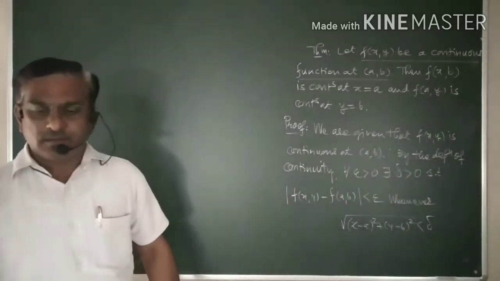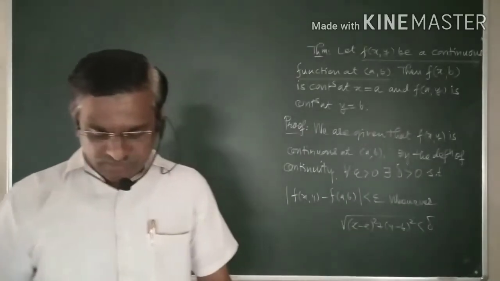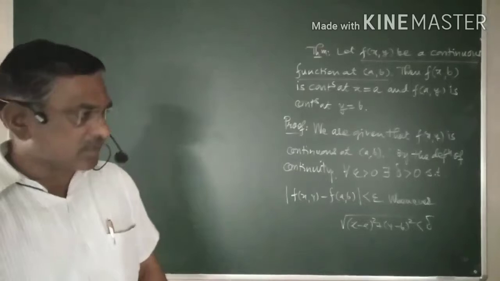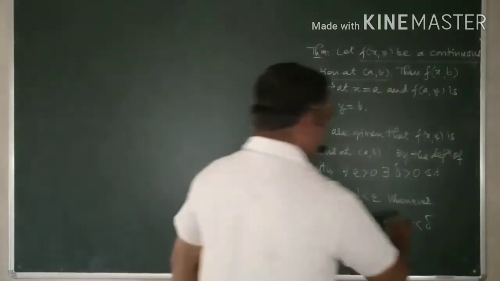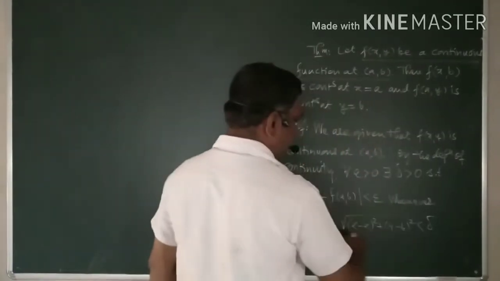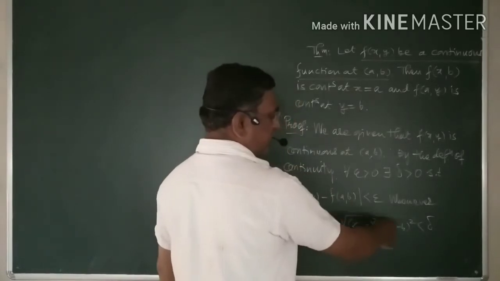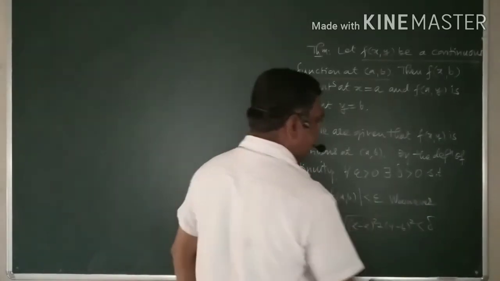This is what we have from the definition of continuity. Or you can have (x minus a) square plus (y minus b) square less than delta square.